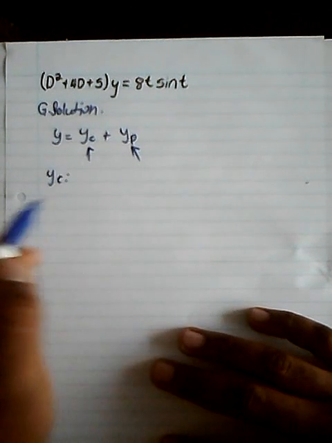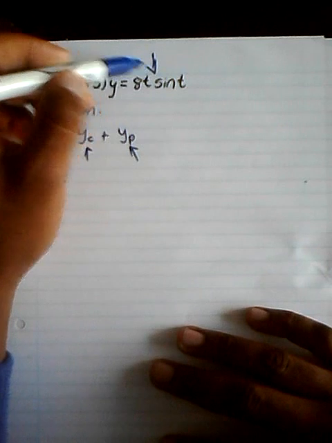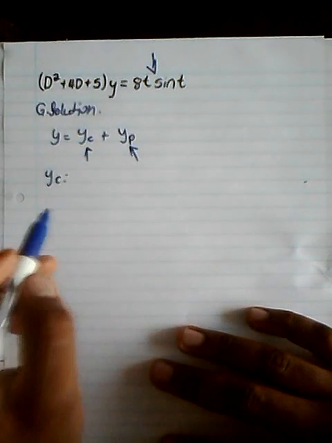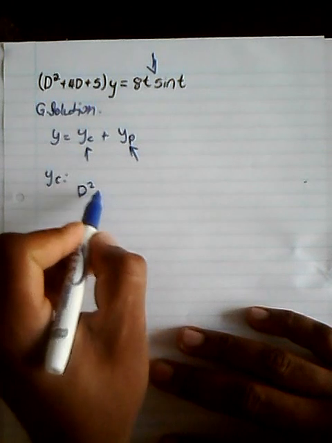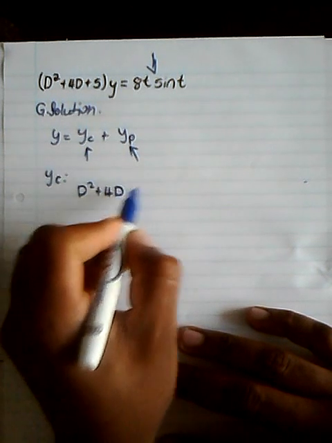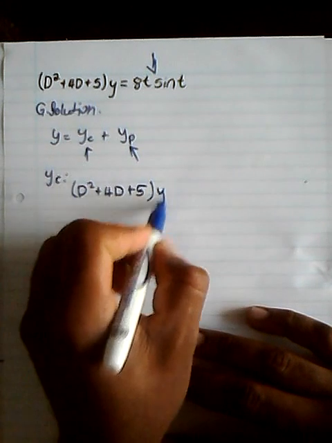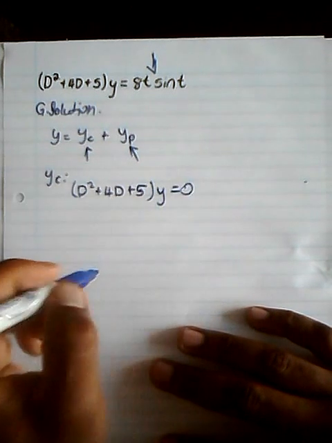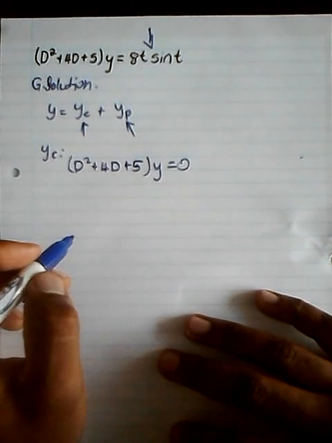With the complementary solution, our right hand side is equal to 0, so we have D squared plus 4D plus 5 operating on y equal to 0. Then we need to factorize this, so I'm going to use the quadratic formula.